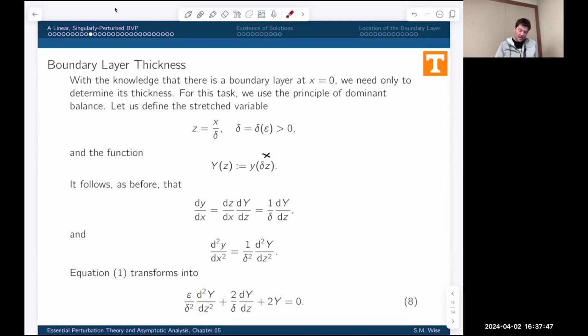The second part is we want to take the coefficients that we see here, especially the coefficient in front of the first term, and asymptotically balance that with one of the other two terms, in such a way that those two terms dominate the third term as epsilon goes to 0.